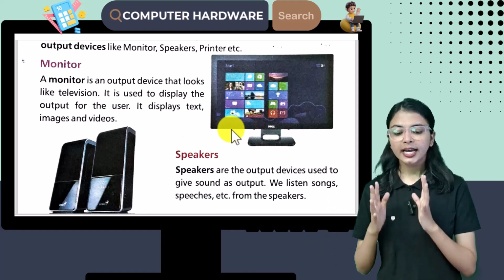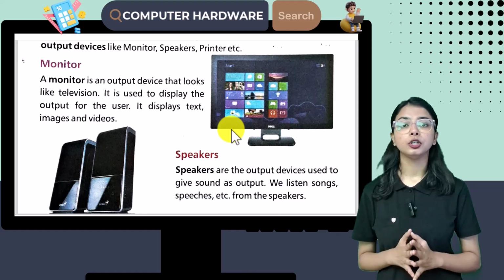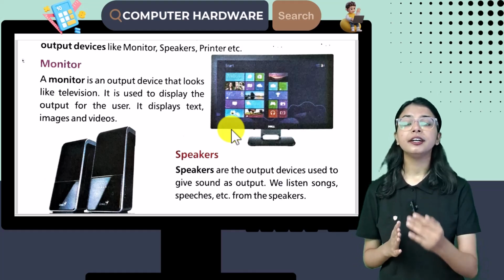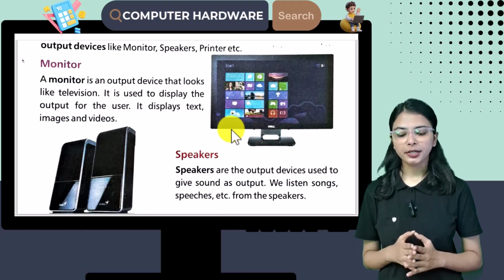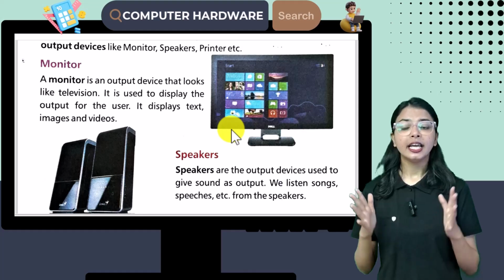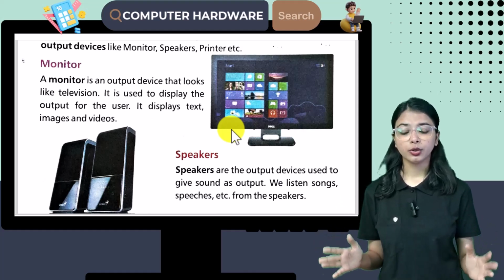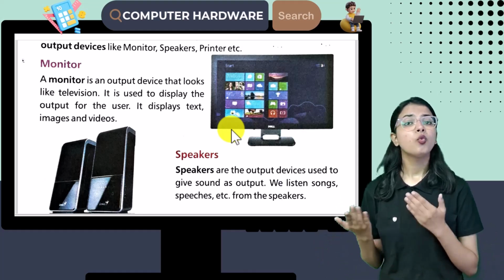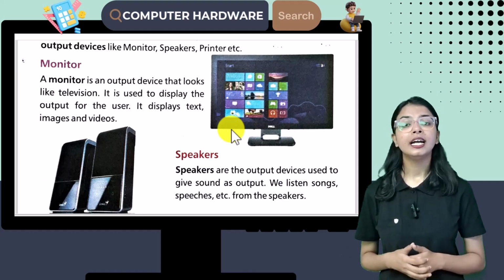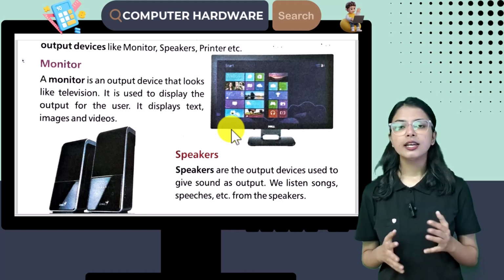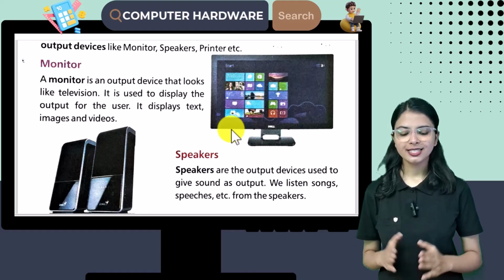It is used to display the output for the user. Whatever we are entering as input is displayed on the monitor. It displays text, images and videos. वो टेक्स्ट डिस्प्ले करता है, इमेजेस डिस्प्ले करता है और वीडियोस भी डिस्प्ले करता है.